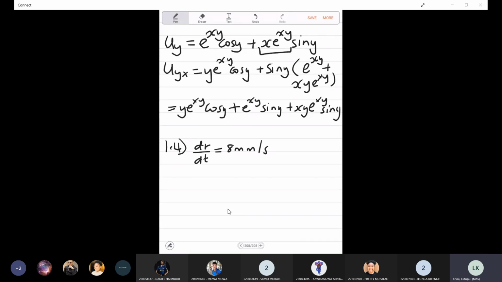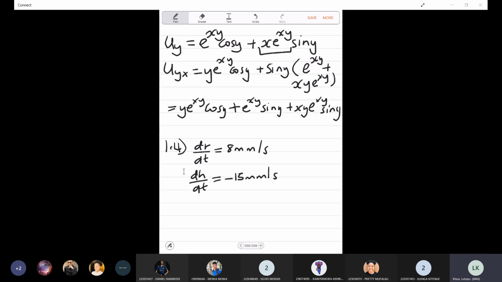If something is decreasing, then the rate is negative. And the height is decreasing at a rate of 15 millimeters per second. So dh/dt is negative 15 millimeters per second. Be careful with these rates when it's positive and negative, because that will affect your answer if you make it positive when it should be negative.